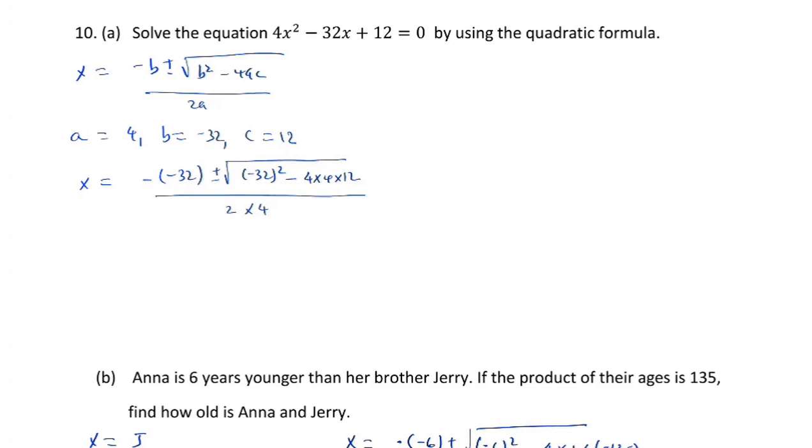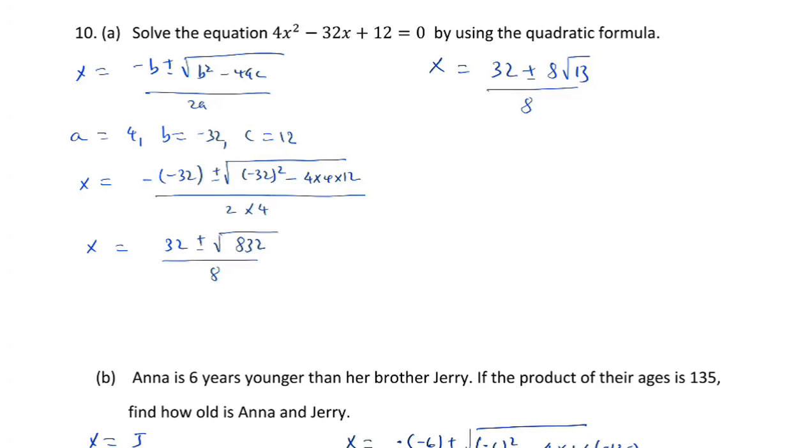Computing these values, we are going to have x equals 32 plus or minus root 832 over 8. We can keep on simplifying this. We are going to have x equals 32 plus or minus 8 root 13 over 8.